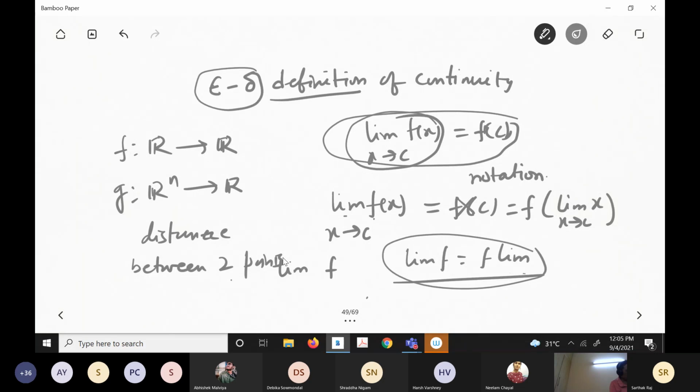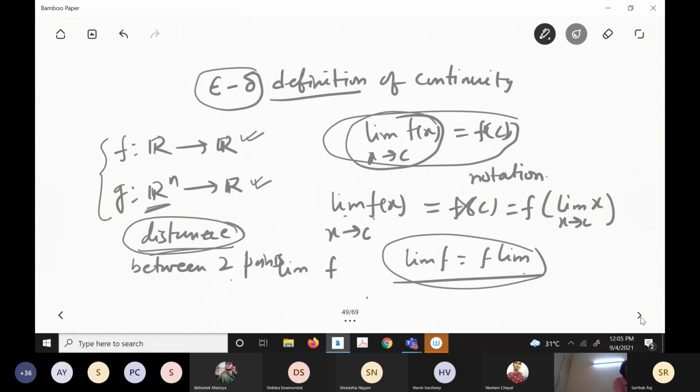Otherwise, if you go back, if you have the distance, the definition of continuity was defined in terms of basically distance. And compare the definition of continuity here and the definition of continuity here. You see that if you just look at the distance, the definitions are the same. Though the domain is different, the definition is the same. The definition only depends on the distance between two points.